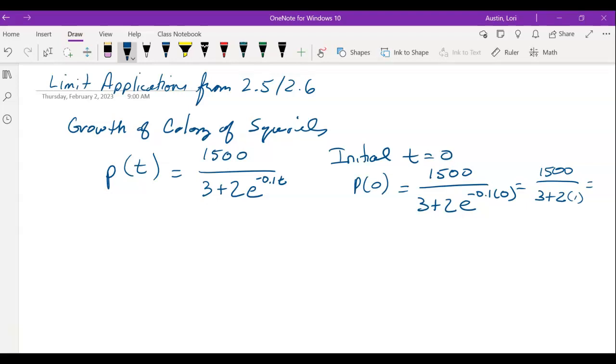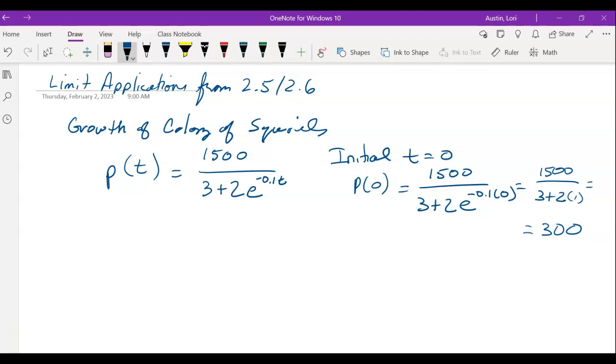So it's 1,500 divided by 5. We didn't need a calculator for that, did we? I'm sitting like, oh, we're going to need a calculator. Yeah, we did not need a calculator for that. 300. So again, you can't study a population of squirrels without starting with a few squirrels. So we're starting with 300 squirrels.